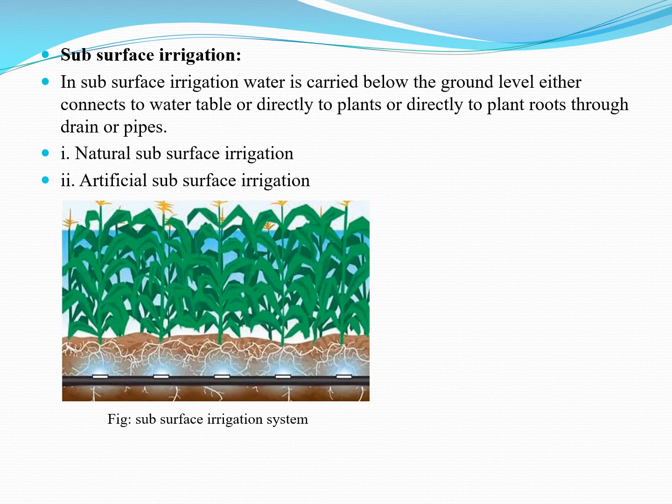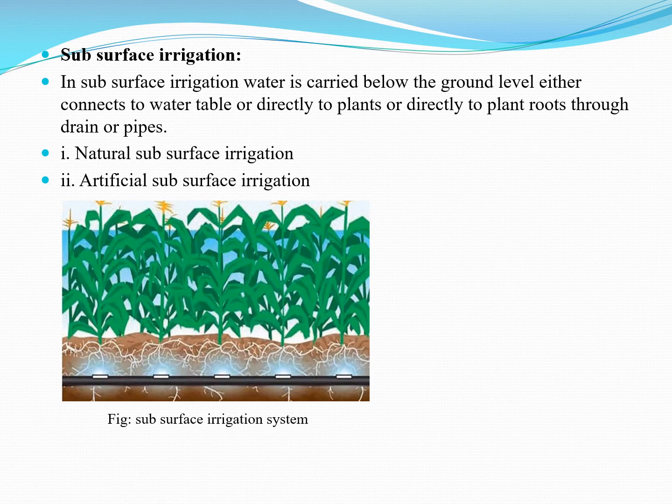So subsurface irrigation can be divided into two categories: first one is natural and second one is artificial subsurface irrigation.